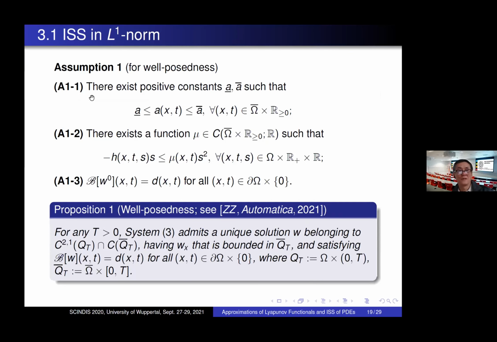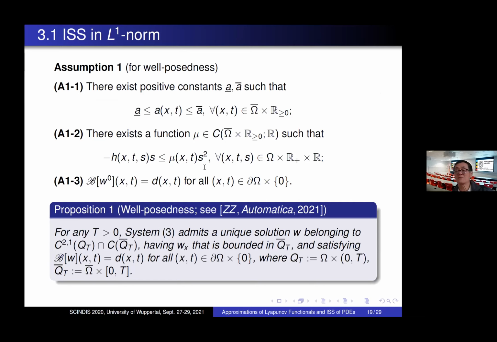Okay, so now we are going to impose two sets of assumptions. The first set of assumptions is to guarantee well-posedness of the considered problem. So the function A is lower bounded, okay, it's positive and upper bounded.